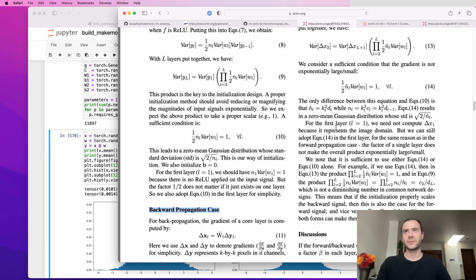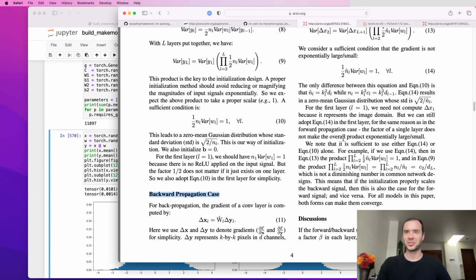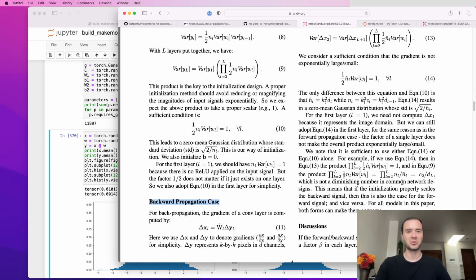And what they find through a lot of the analysis that I invite you to read through, but it's not exactly approachable, is basically, if you properly initialize the forward pass, the backward pass is also approximately initialized up to a constant factor that has to do with the number of hidden neurons in an early and late layer. But basically they find empirically that this is not a choice that matters too much.